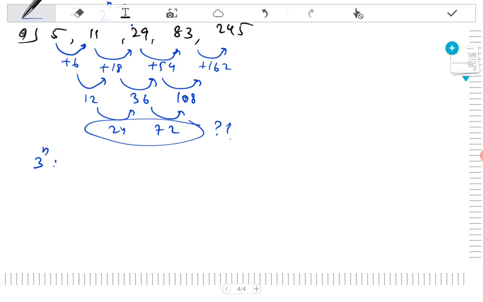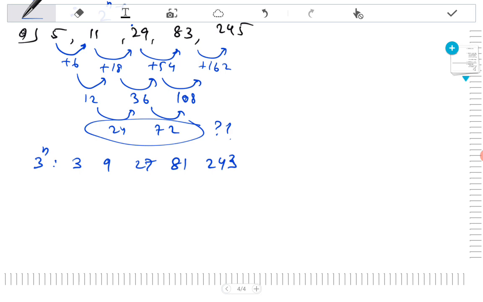If you put n as 1, it becomes 3. n equals 2 gives you 3 squared, which is 9. Then 27, 3 cubed is 27. Then 81 and 243. These are different powers of 3 that I have illustrated here.